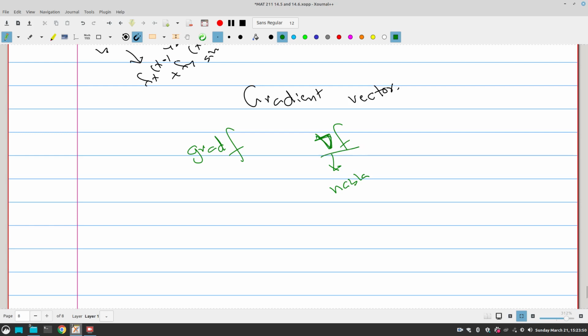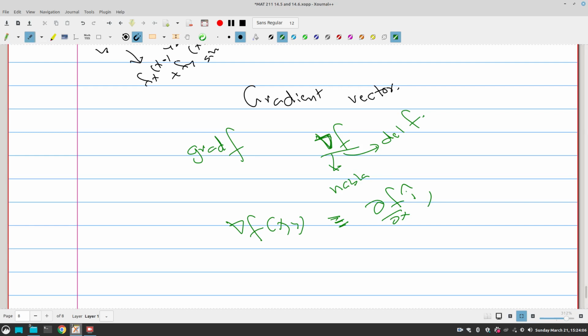We call this del f. So del f, if f is a function of x and y, is defined by partial f partial x i plus partial f partial y j. This is del f of (x, y). This is a vector. This gives me a vector quantity.